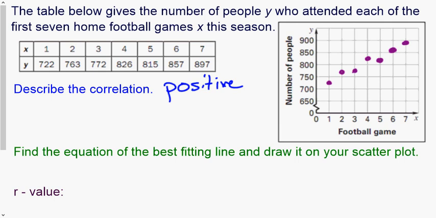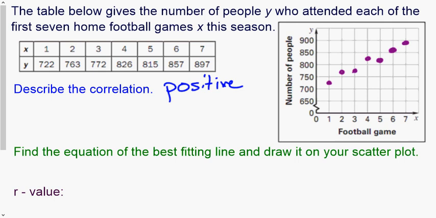This is where you're going to look at that half sheet I handed out in class, and you're going to enter your X values into list 1 and your Y values into list 2.